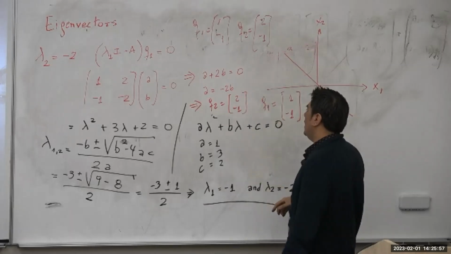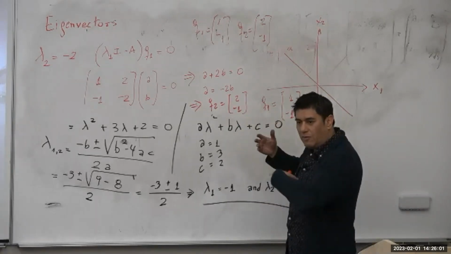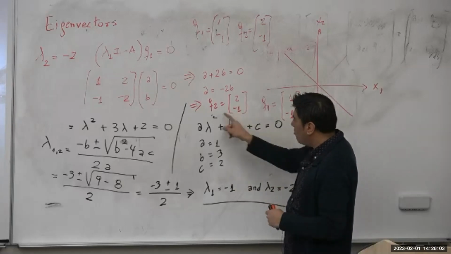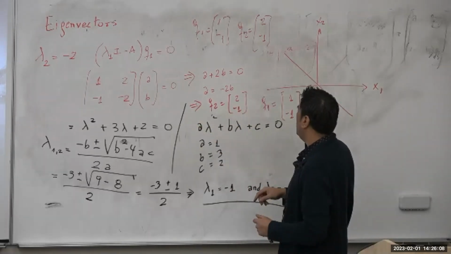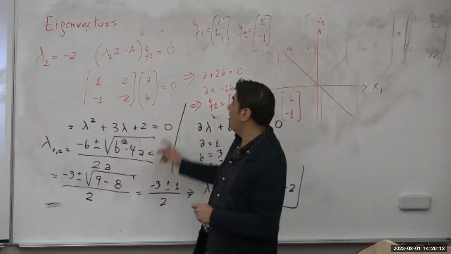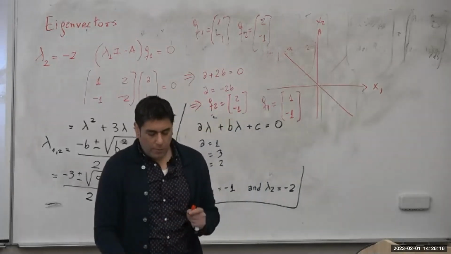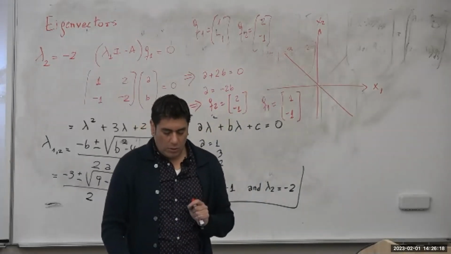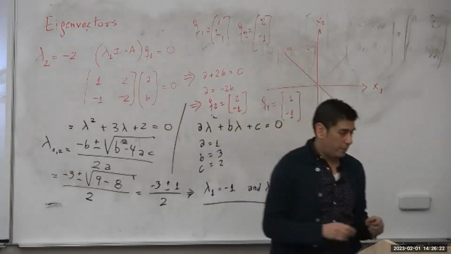Then A needs to be negative 20. It doesn't matter the magnitude of that vector. All that is important here is the direction. In that direction, then we will have the eigenvector related to lambda 2.